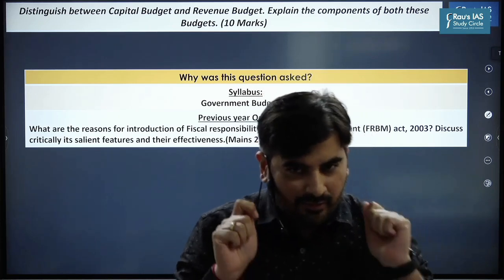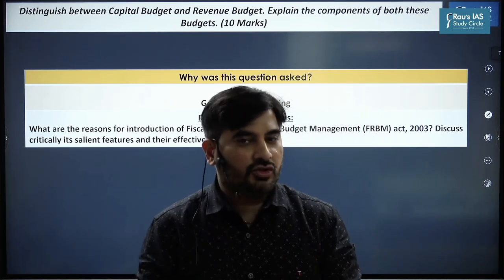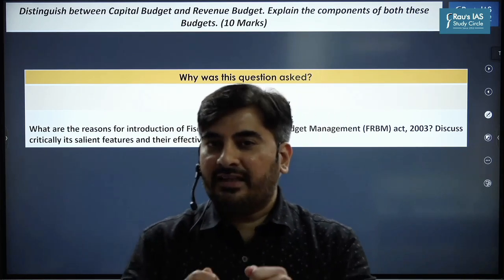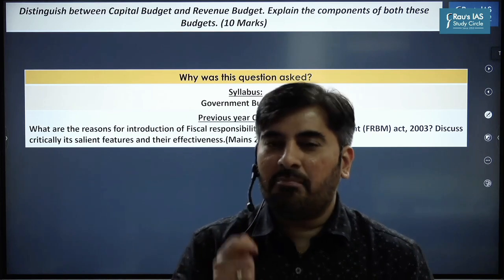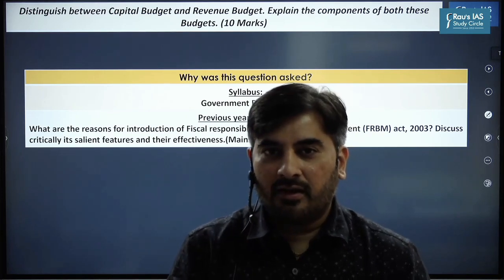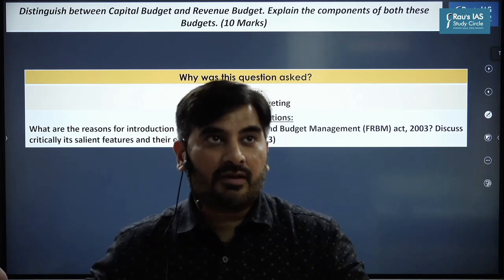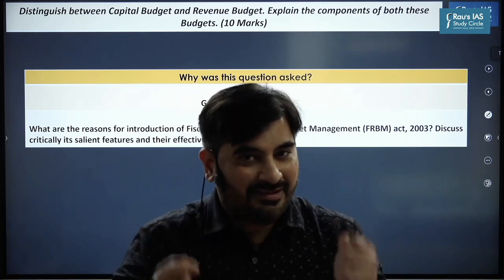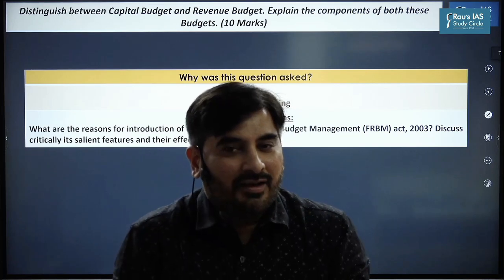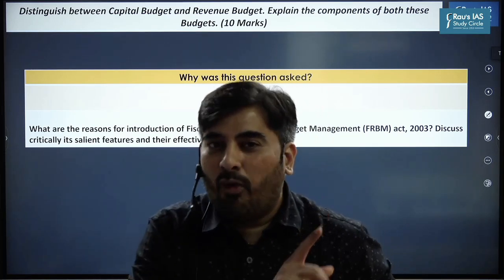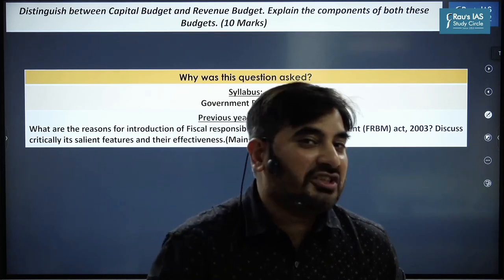Now, one important aspect which you should know is that Article 112 of the Indian Constitution itself mandates the government to separate the revenue account from the other accounts. So this obligation on the government to show its accounts under revenue and capital is not born out of parliamentary convention.